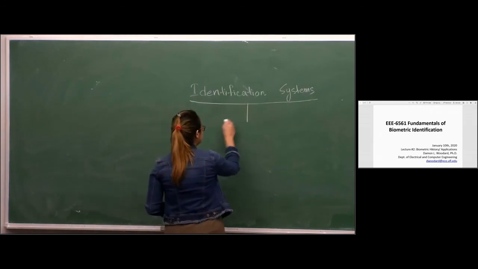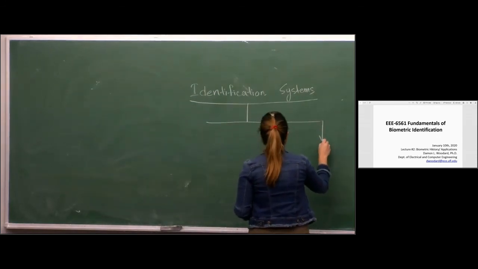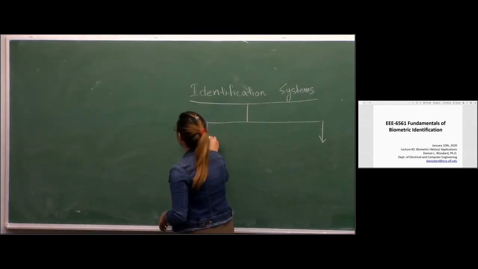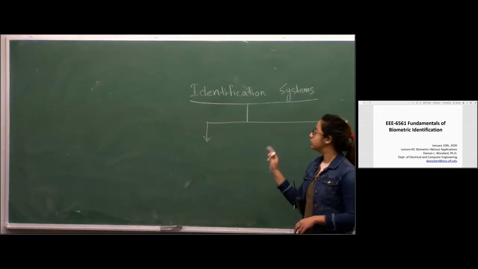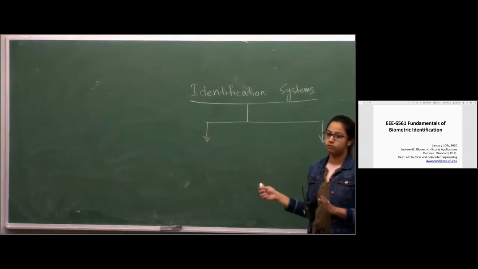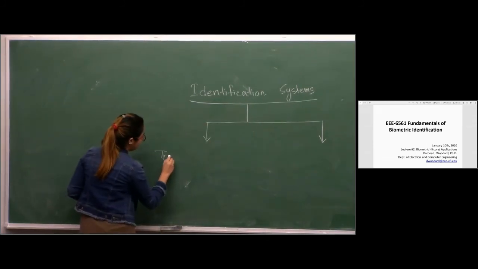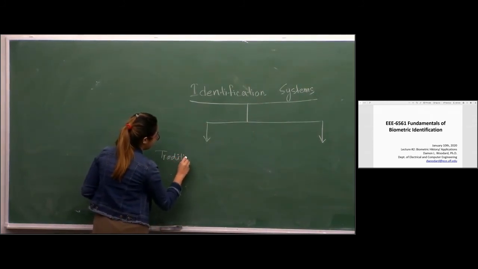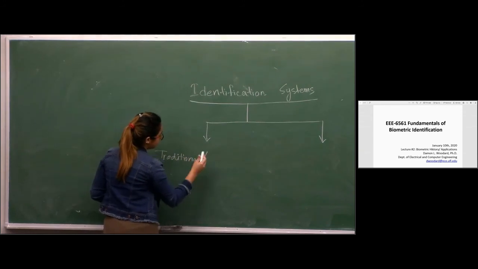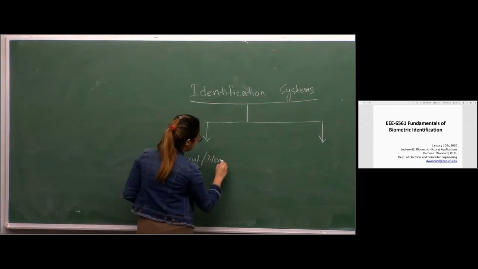So there are many kinds of identification systems, but if you broadly classify them, you will see two major classes of identification system. One is the traditional one. You can also call this non-biometric systems.